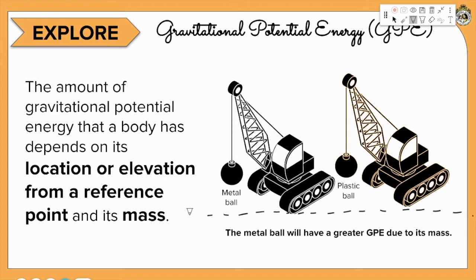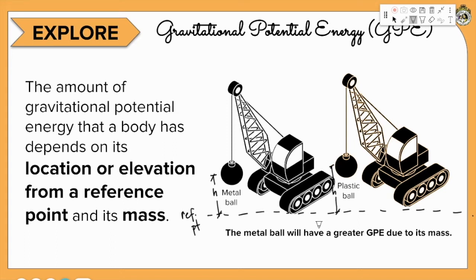This is where you will be measuring your vertical height. If this is the center of the sphere of the metal ball, then this would be the height, h. And the plastic ball would have the same height as the other one, correct?